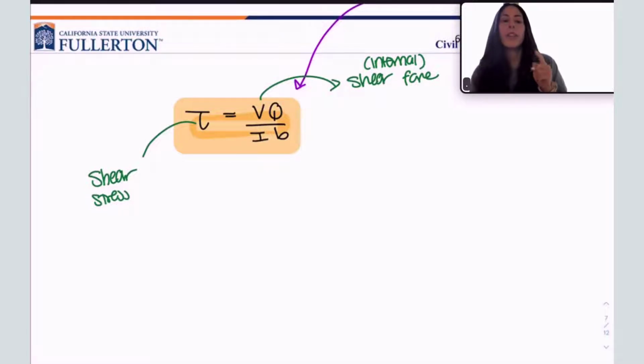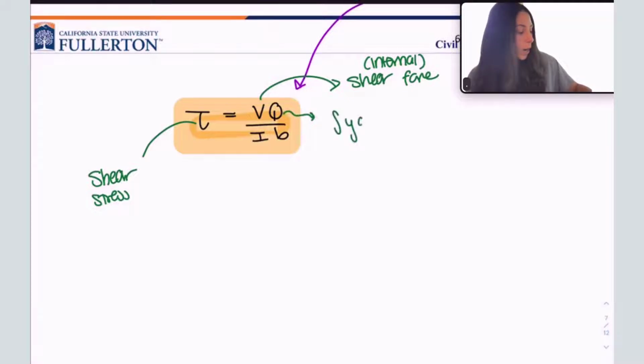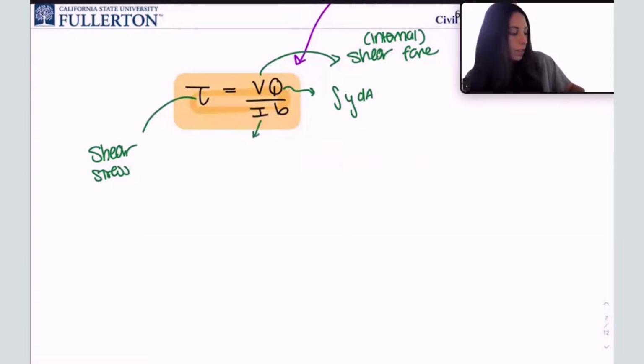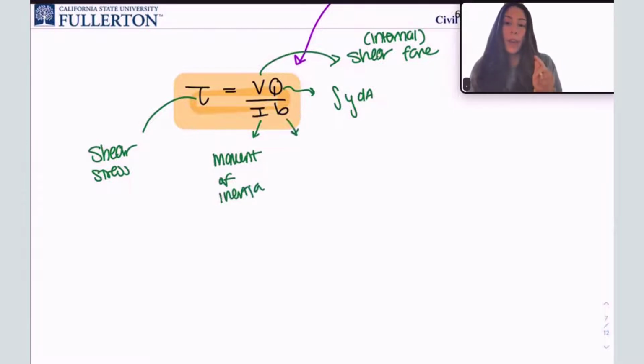Q is the first moment of area about your neutral axis, and we use the symbol Q for this. The actual definition of Q is the integral of y dA, the first moment of area about your neutral axis. I is the moment of inertia. And b is the width of your section at the point you're calculating the shear stress at.